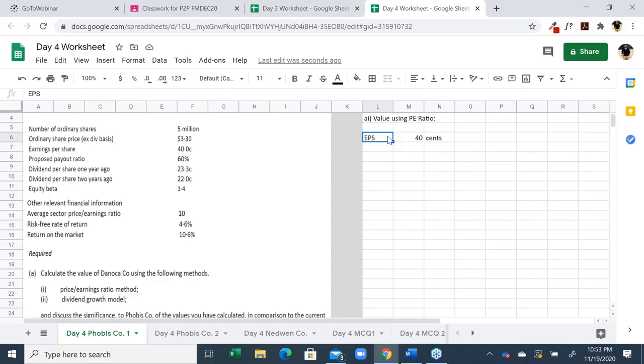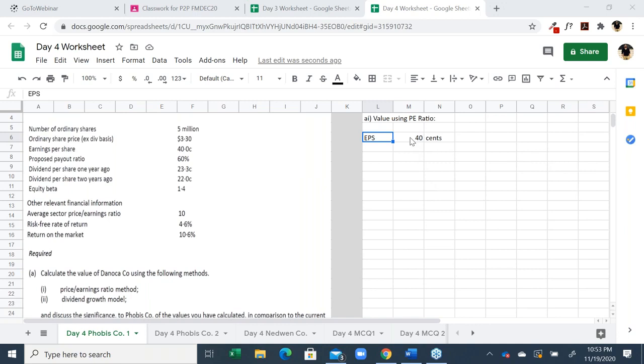So we have to pick the PE ratio of that similar company, or we may have the average PE ratio of this sector or industry and use it for valuing the company. So in this case, we have the average sector price earning ratio of 10 times. That is the business sector in which these companies are operating. Their investors value the company at 10 times of its earning, so they are ready to pay 10 times price compared with the earning.